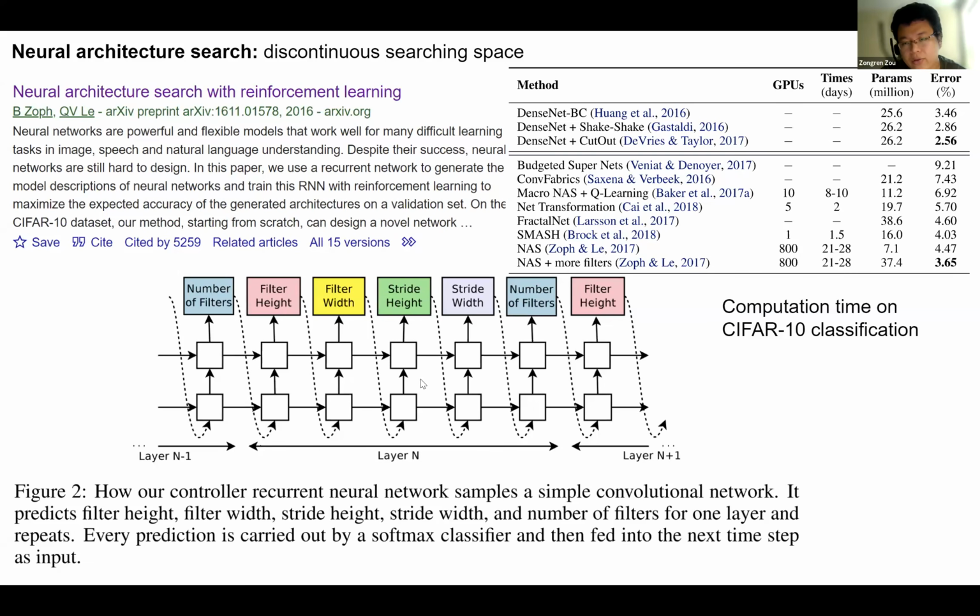This controller itself is a recurrent neural network, following the sequential nature of the architecture of neural networks. The output of each cell of the recurrent neural network is fed into a softmax classifier, and then the output will be the discrete value of this specific hyperparameter.